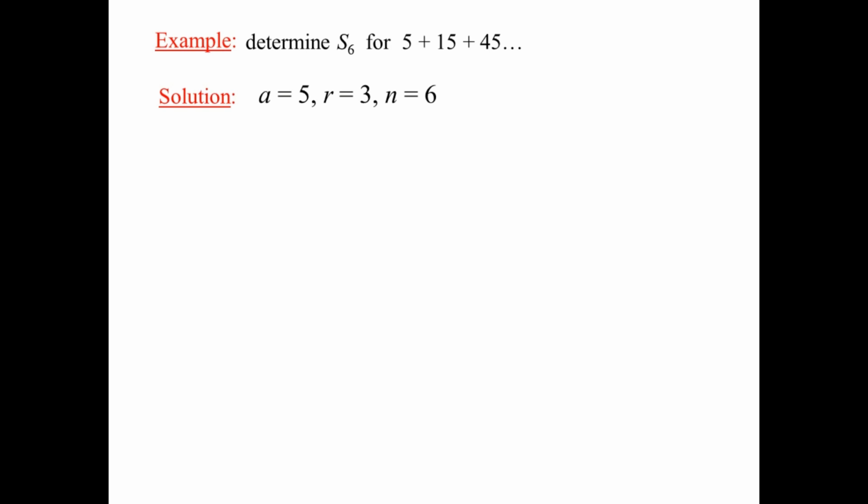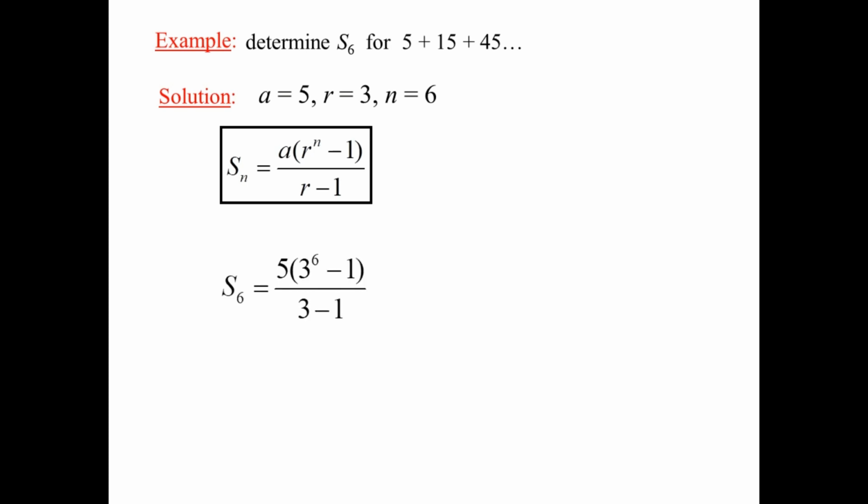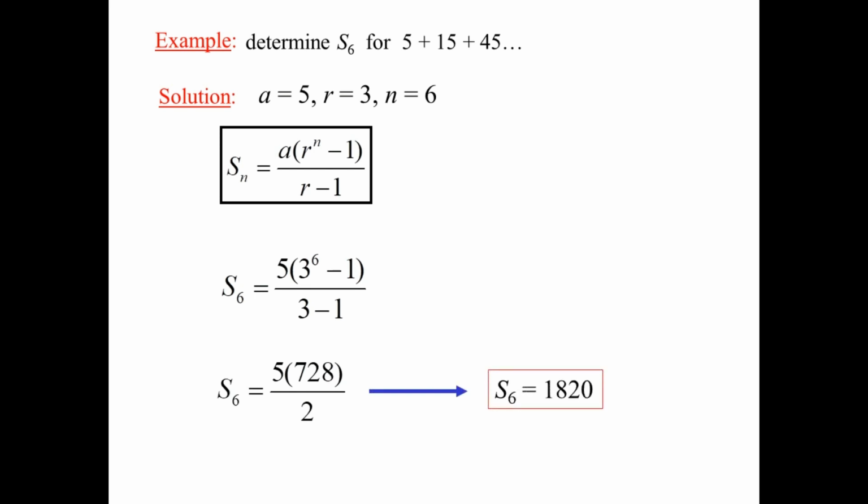So n is 6. There's our formula. Plug the numbers in carefully. Calculate them out. Use a calculator if necessary. But remember, independence from the calculator would be a good thing. And it turns out that S sub 6 is 1820.